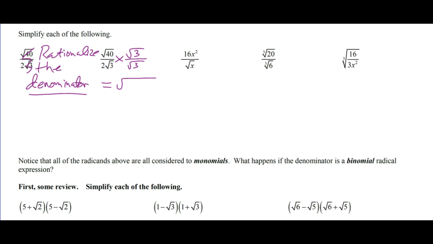The root of 120 over, okay, so let's say 2 times 3, which is 6, right? Now, I might have wanted to say, well, we could have simplified the root 40, right? Made it like 2 root 10.